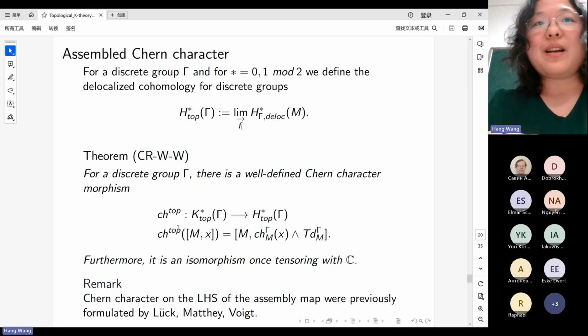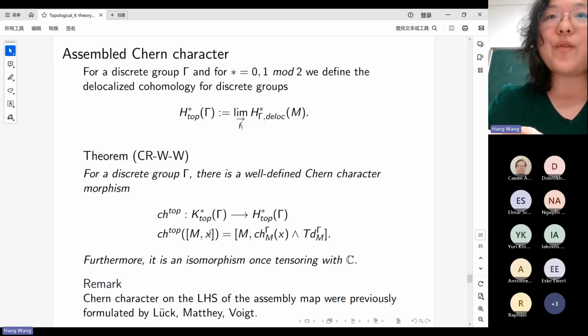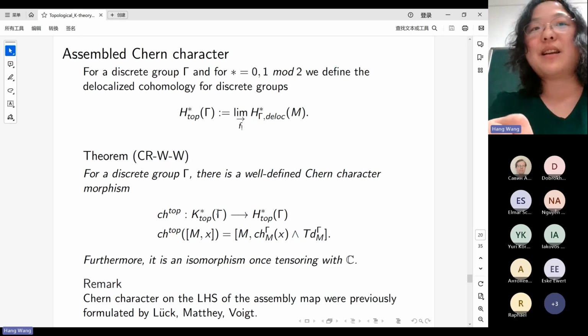The Chern character itself is actually not so new, because by Baum-Connes and Higson, one knows that the left-hand side of the Baum-Connes map is actually the same as the analytic K-theory of the classifying space.